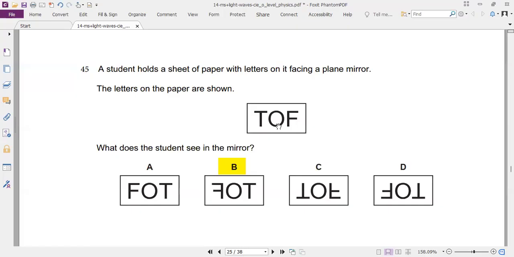You turn towards the mirror. When you turn towards the mirror, this will be on your left. This will be in the middle, and this will be on your right. So this will be the image on the mirror. On your left will be F, and on your right will be T.